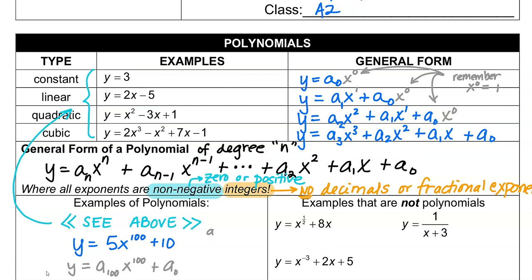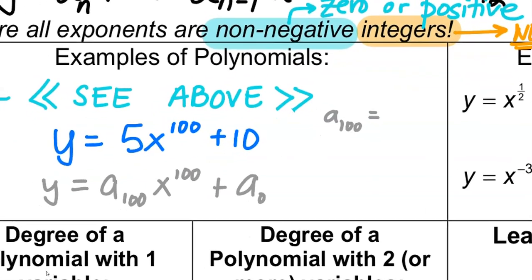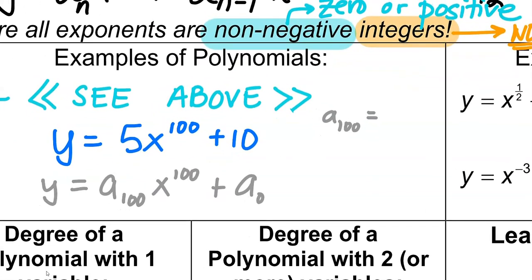So what is a sub 100, you guys? That's in this position right here. What's a sub 100? Isn't it the 5? You guys see that? But here's the question. What's a sub 99?